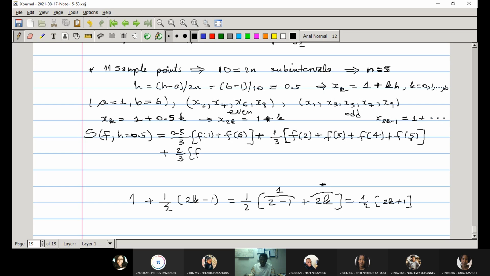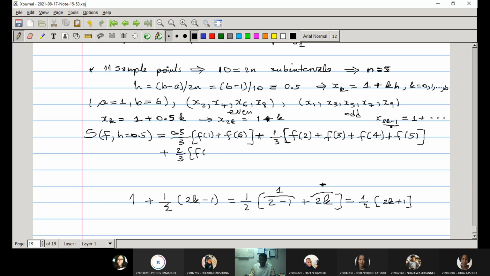So what I'm saying, to get the value here for x1, k is equal to 1. So to get 1 here in the subscript, what should be the value of k? K should be equal to 1.